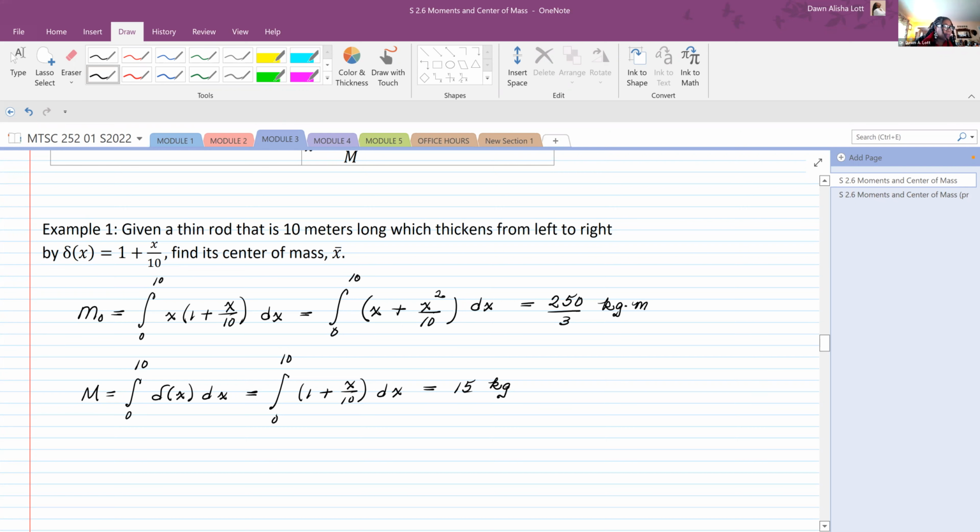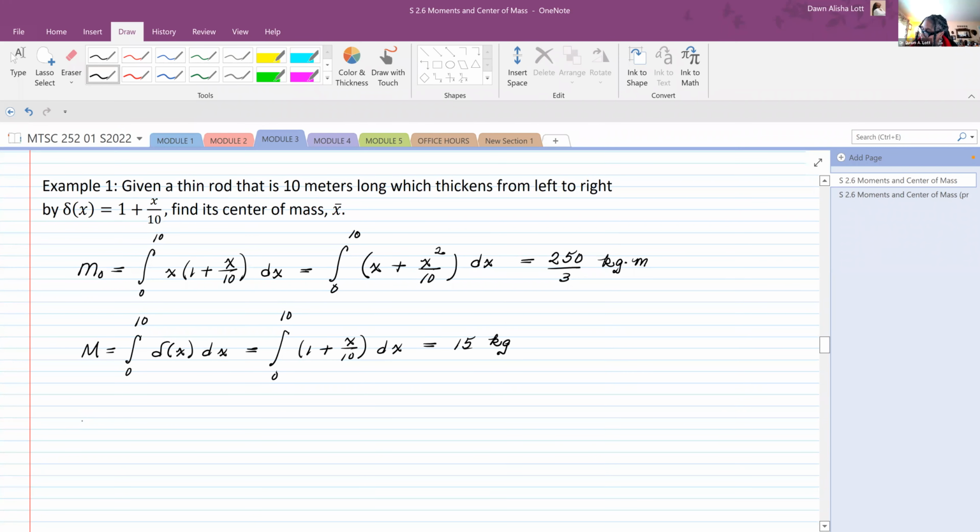So therefore, x bar turns out to be the m naught over m. M naught is 250 over 3 kilogram meters. And m is 15 kilograms.